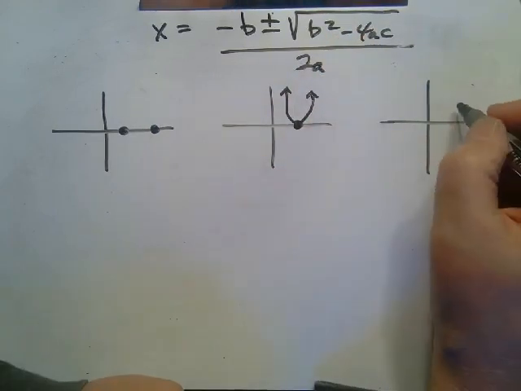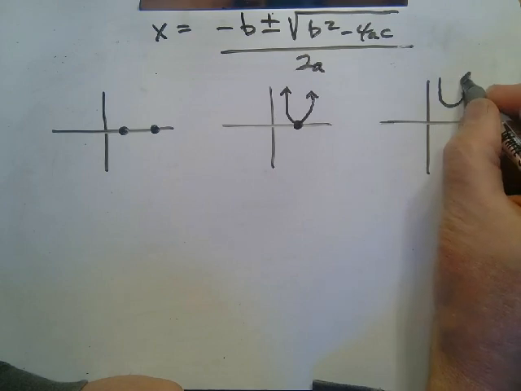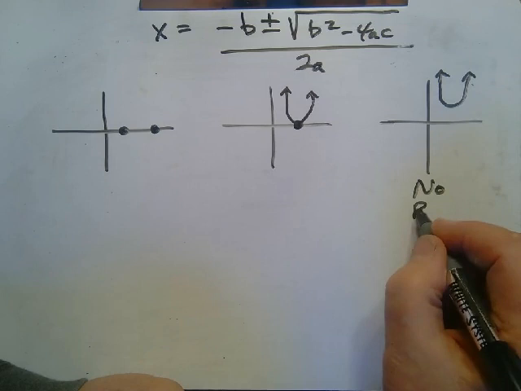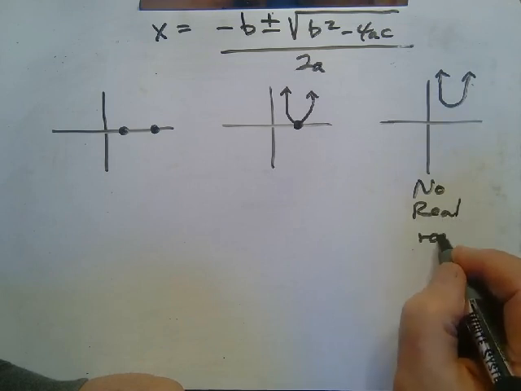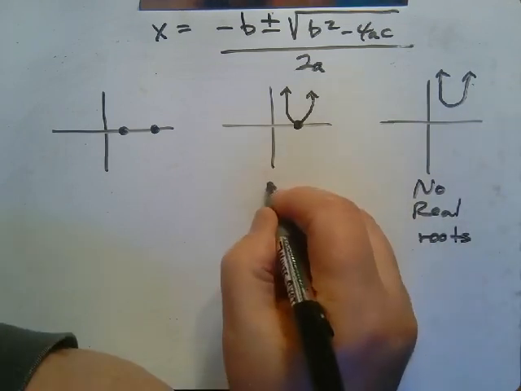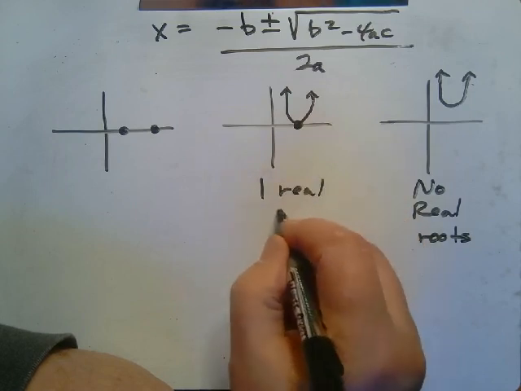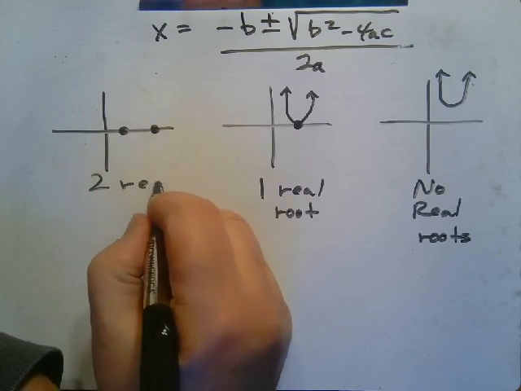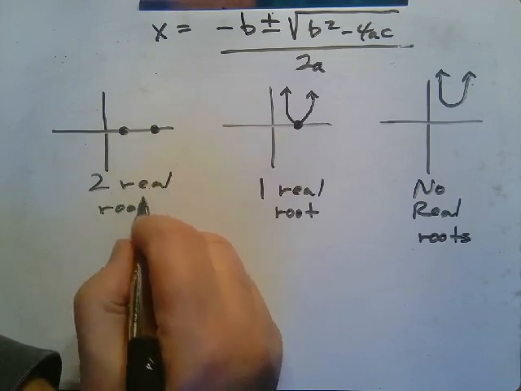And you'll have another situation where there are no real roots, like we just saw. There's one real root, and over here there are two real roots.